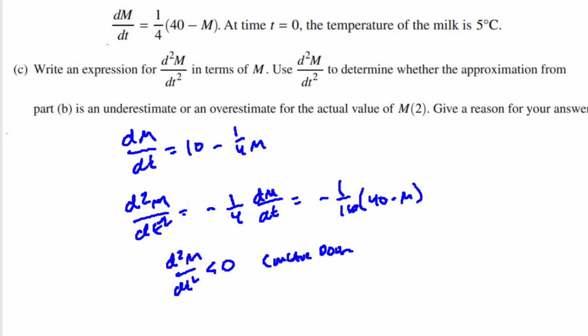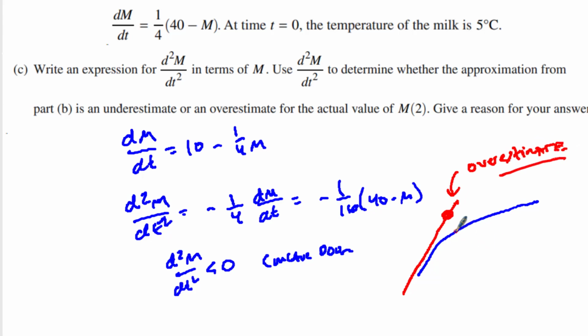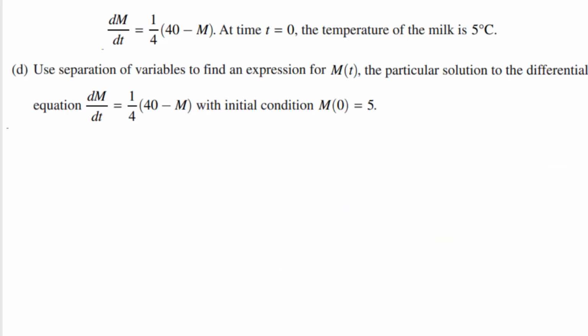Well, what do we know about an approximation line on a concave down graph? We're taking that tangent line, which means our value is going to be an overestimate, because the graph is concave down.